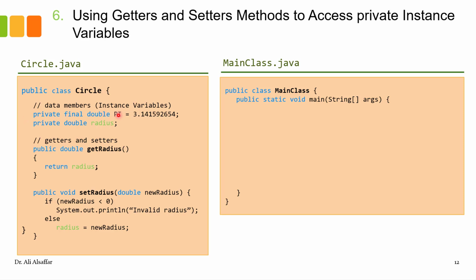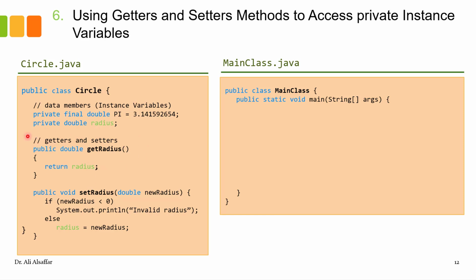For pi, we will keep it private because it is used internally inside the class. But for radius, we will allow the user, which is another class, when we create an object from this class, to change the radius by using the setter method, and to read the value of radius by using the getter.